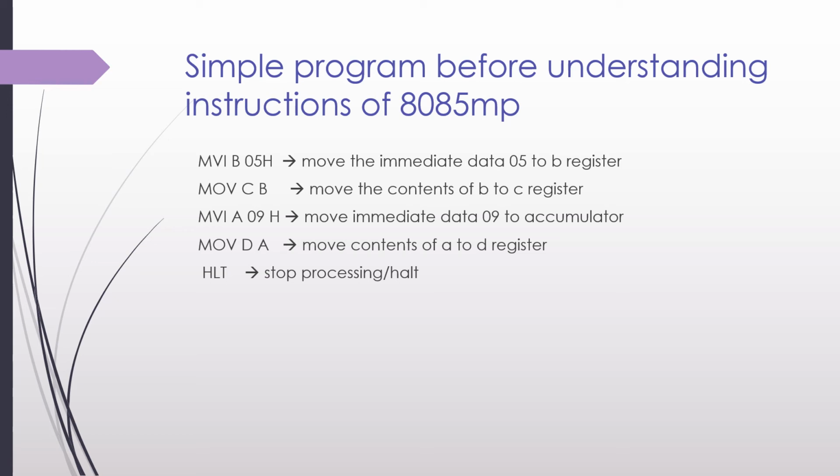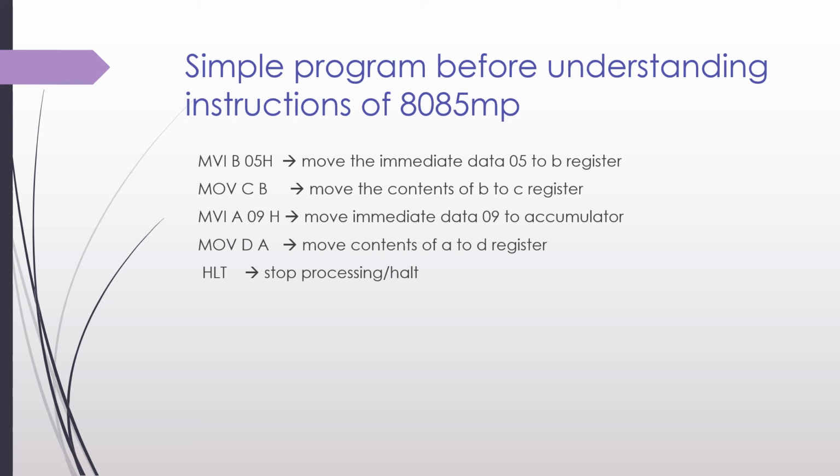Store B with 05, so what is there in B? 05. The next instruction is, whatever is there in B, put it in C register also. At this point C content is also 05. Next you have accumulator stored with 09H, MVI A, 09H. And whatever is there in A, you are shifting to D register. D is also having 09, and then you are ending.